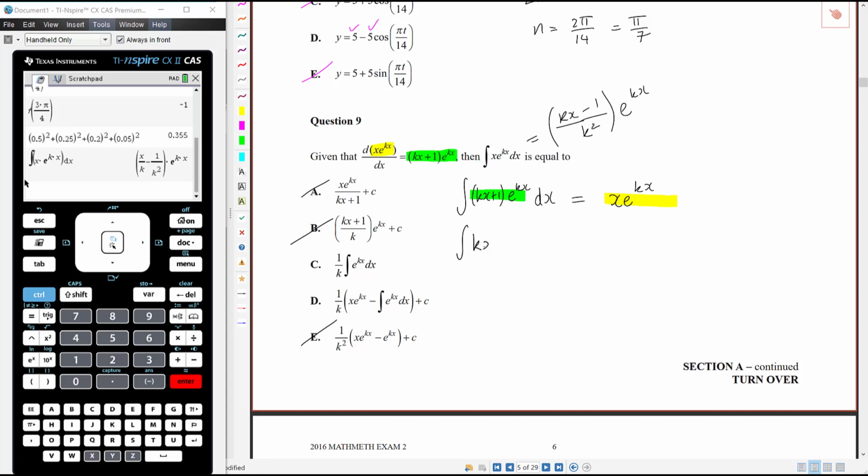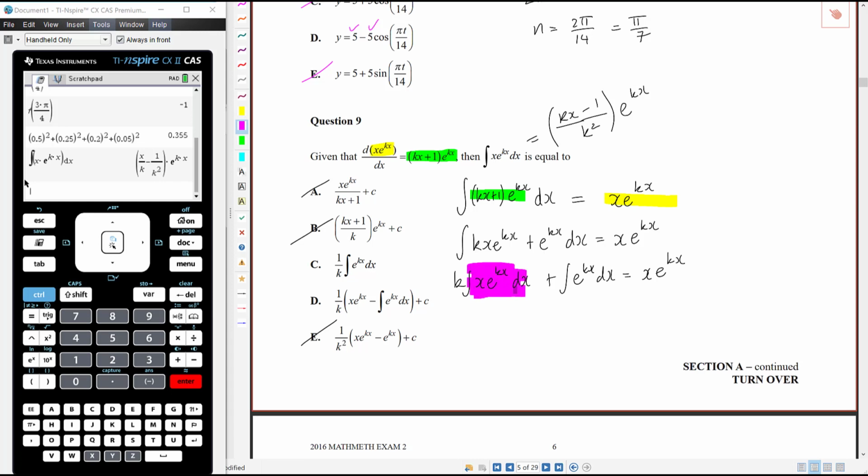So this is kx e to the kx plus e to the kx is equal to x e to the kx. We can split this into two integrals and take that k out of there. Antiderivative of x e to the kx dx plus antiderivative of e to the kx dx. Okay, so this is what we're interested in here.